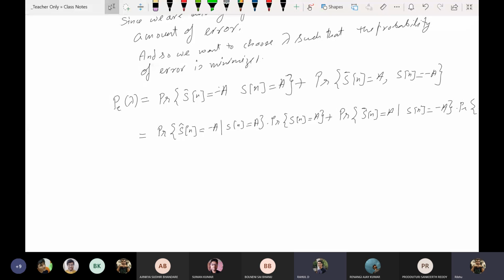Equals probability. Now S hat n equals minus A means Rn less than or equal to lambda, given Sn equals A, times P. Fine, based on the definition.